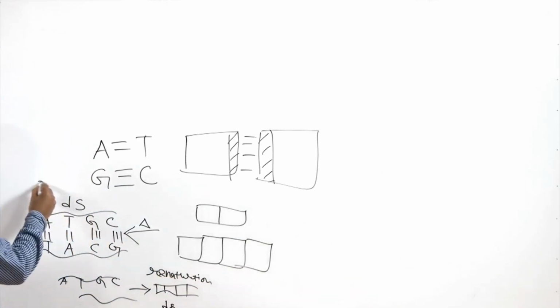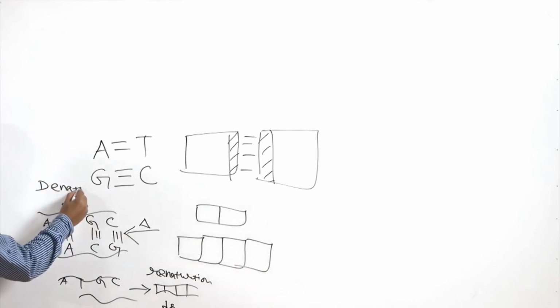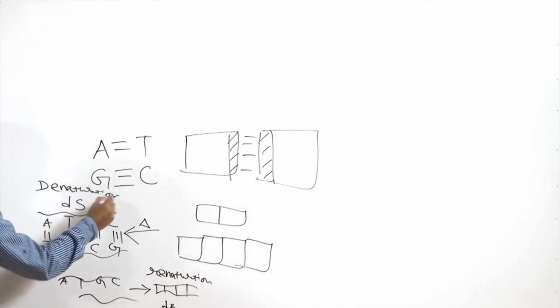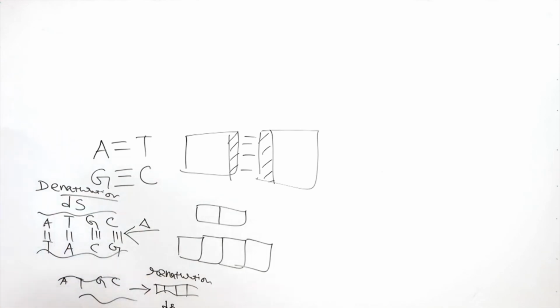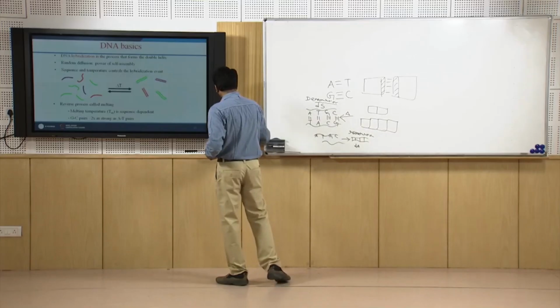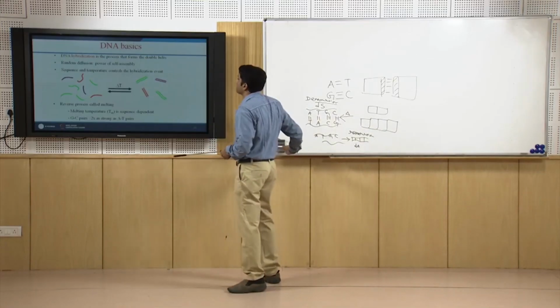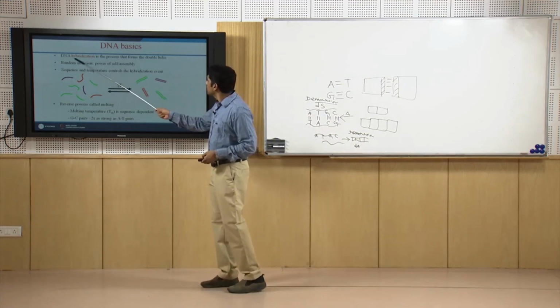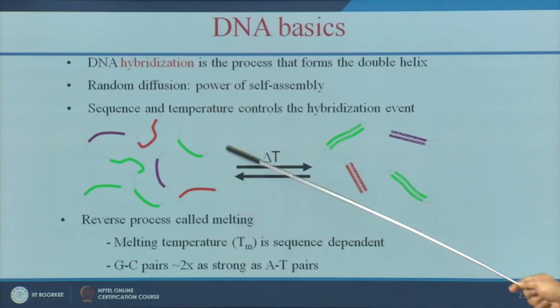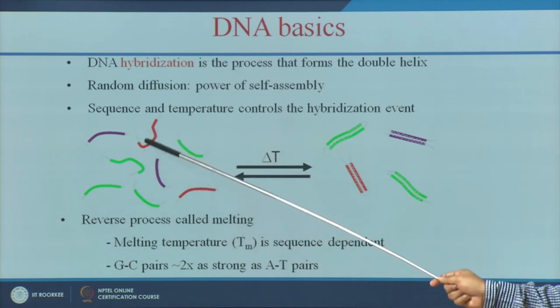This is denaturation and this is called renaturation. That is called DNA hybridization. Here you can see a simple example using a color code.